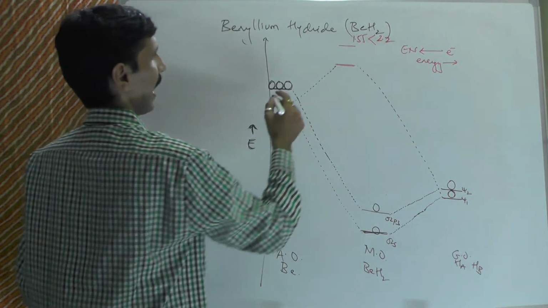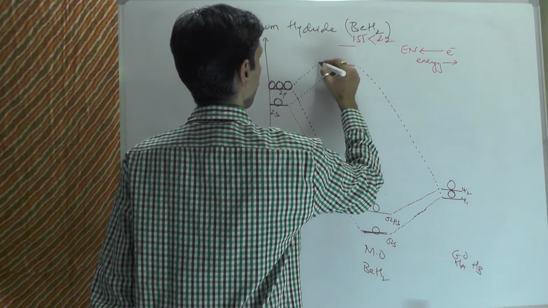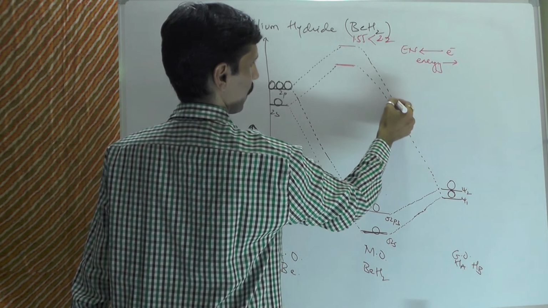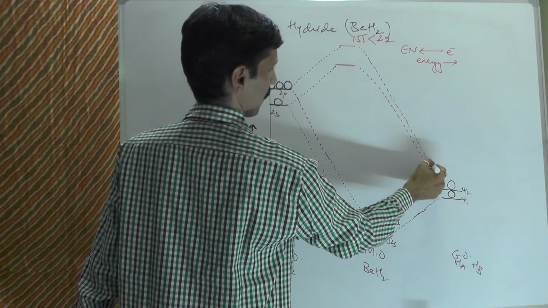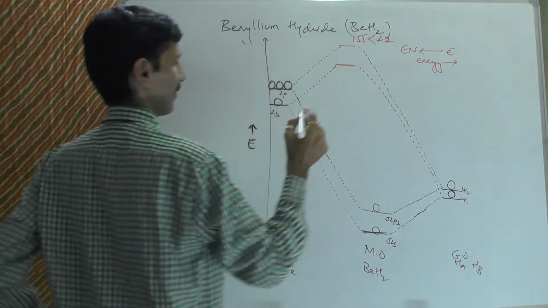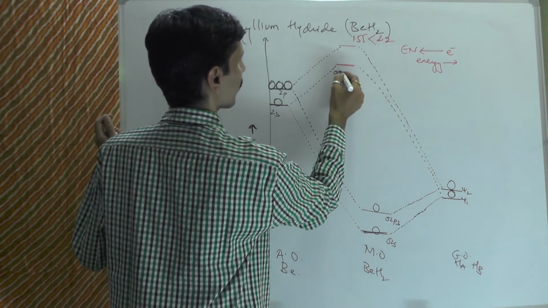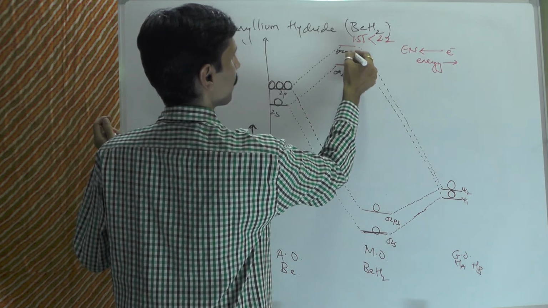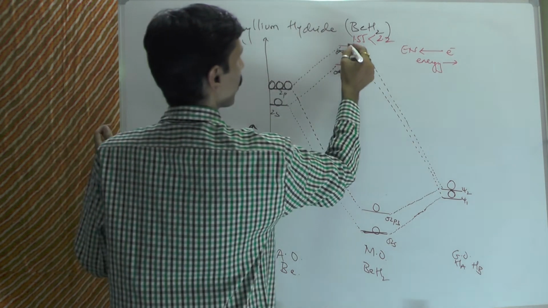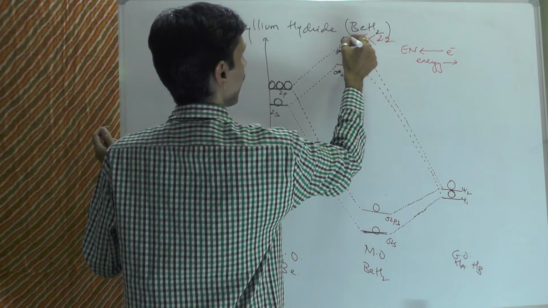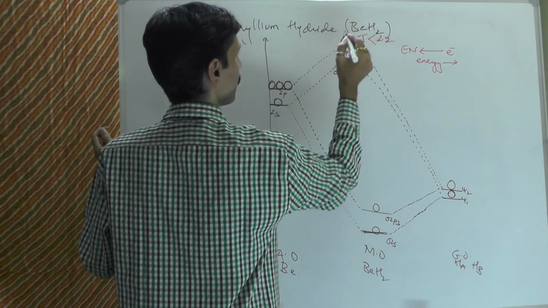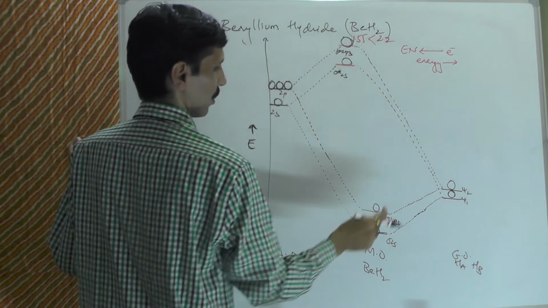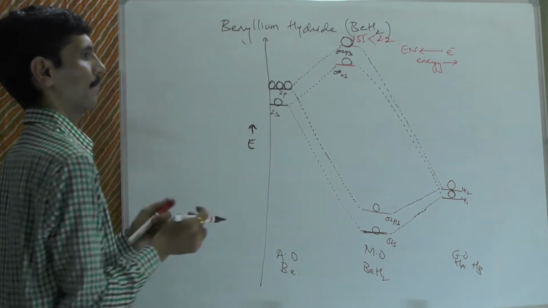Goes with psi 1. And then with 2pz, this is sigma star 2pz. Okay, the connections, I guess it is very clear to you all. And I show like this, sigma star 2pz, and this will be sigma star 2s. So we have done with the 2 bonding and the 2 anti-bonding.